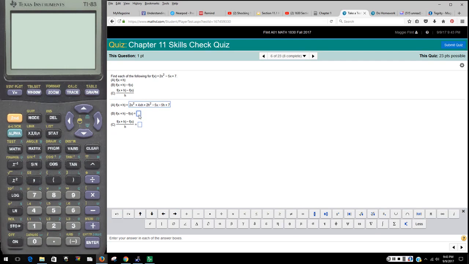And then when we subtracted f of x from it, what we had left was 4xh plus 2h squared minus 5h.